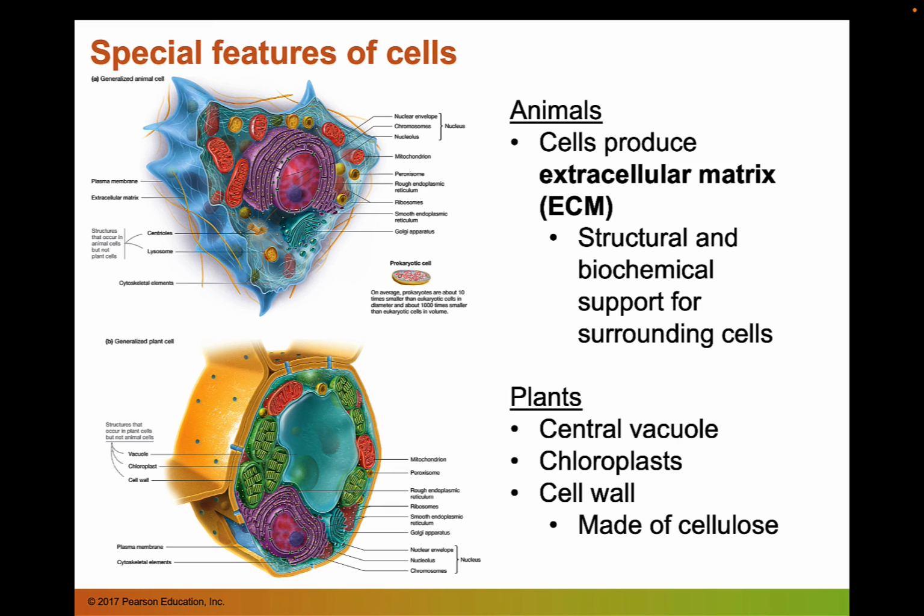Plants, as I mentioned, have a central vacuole that's filled with water and ions. They also have chloroplasts, so that's unique about plant cells. And surrounding their plasma membrane is a cell wall, and this cell wall provides structure and rigidity to the cell, and it's made up of the carbohydrate cellulose.